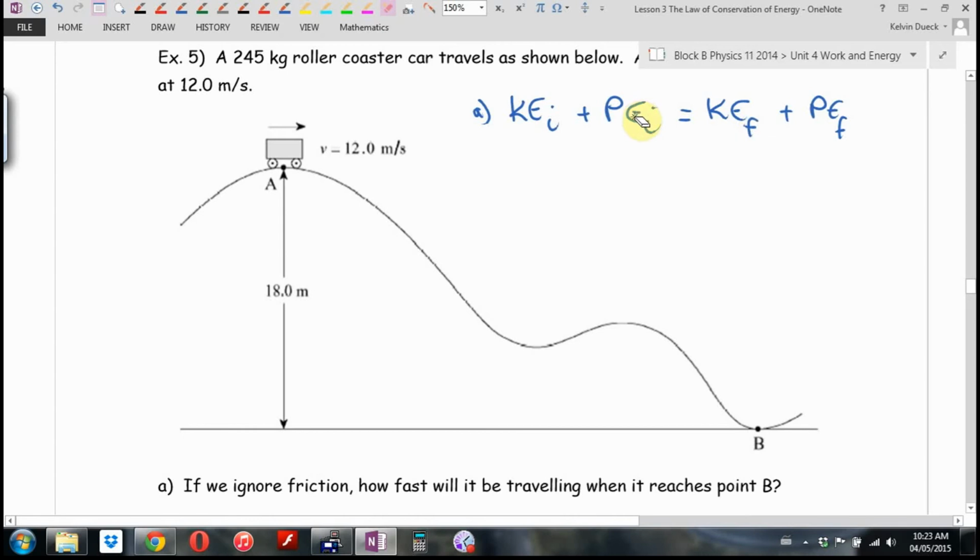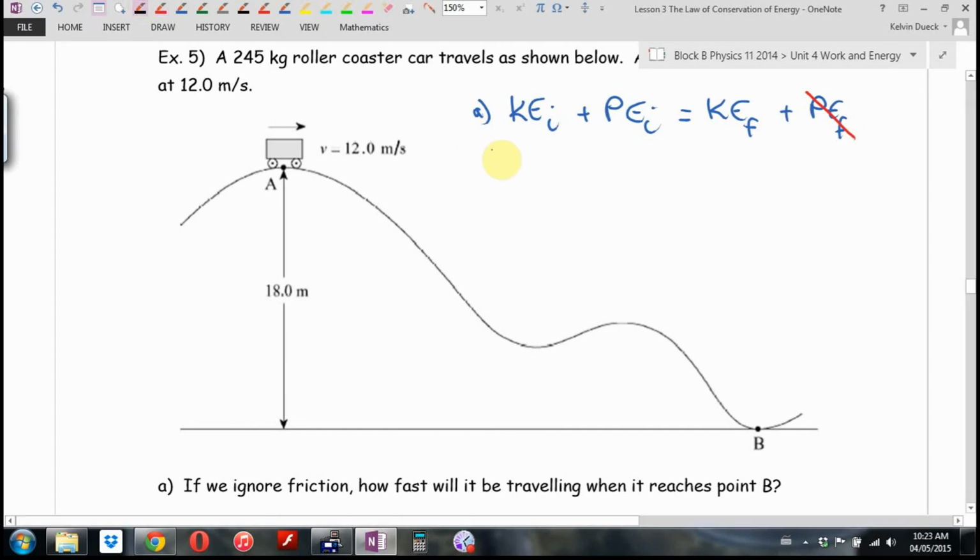At the top, am I on the ground? That doesn't make sense at all. At the bottom, am I on the ground? Oh, so this time PE initial gets to stick around. Now what? Let's break these down.